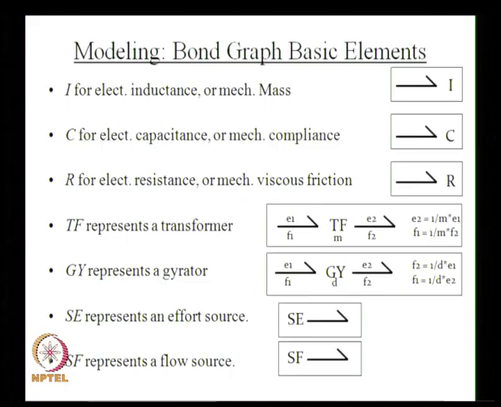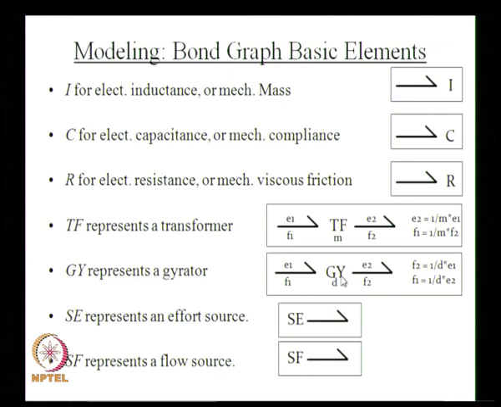Then you have a source flow, or flow source, which is represented by SF, where you have a current source or a flow source like a hydraulic flow or any other flow input. So source effort and source flow represent the input sources to the system.